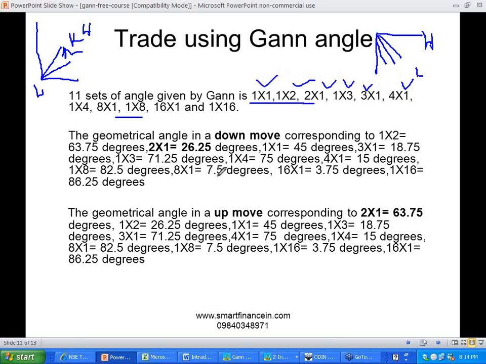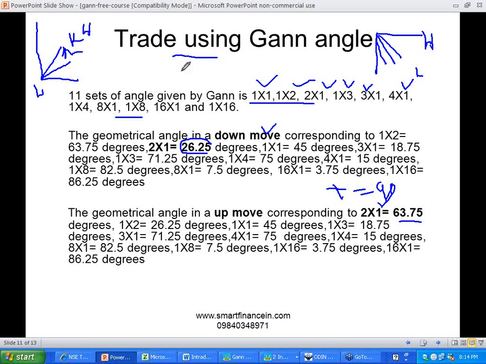Each trend line is associated with one geometrical degree. In the down move, the 2 by 1 angle is 26.25. In the up move, the 2 by 1 angle is 63.75. If you add both, it should give you 90 degrees. That is the arithmetic, derived from your parallel line algorithm.